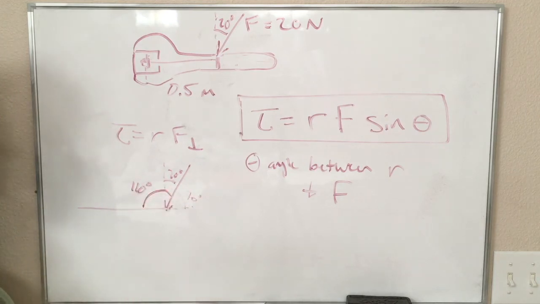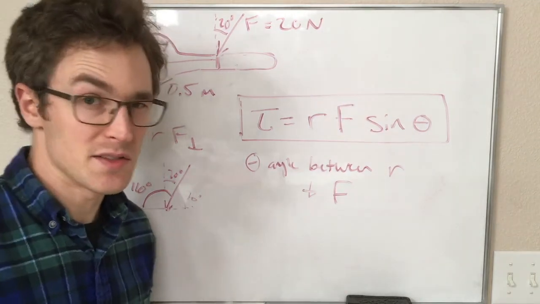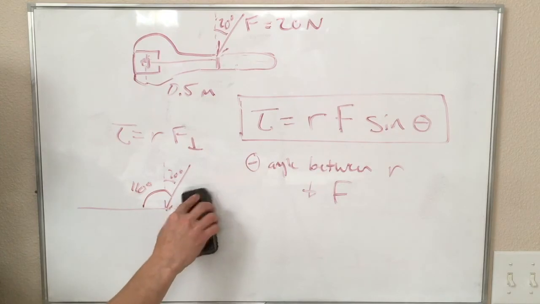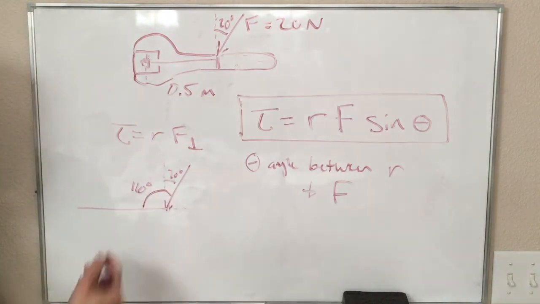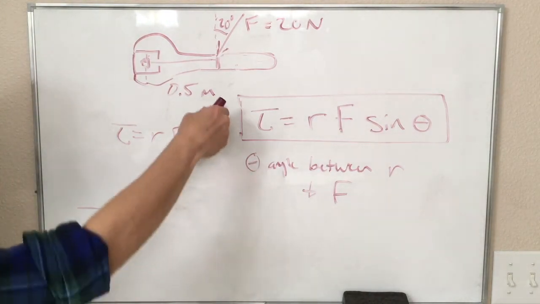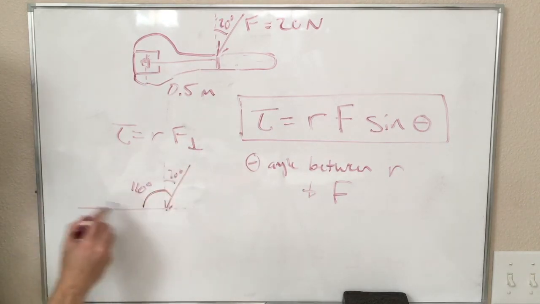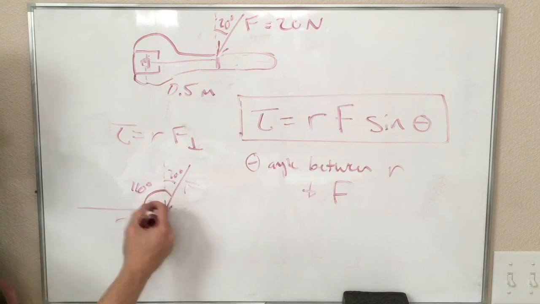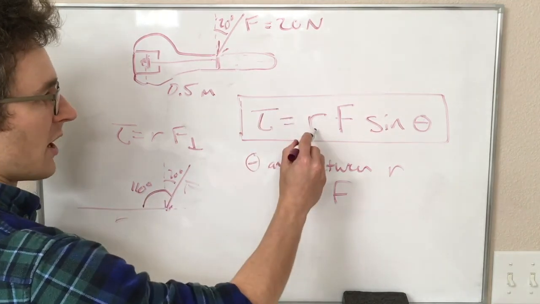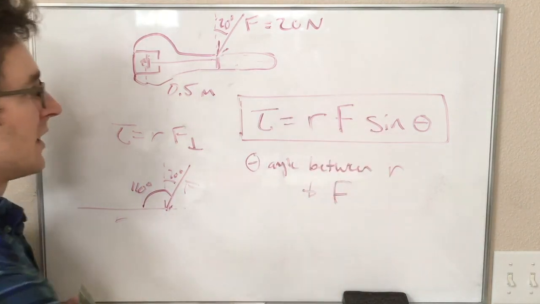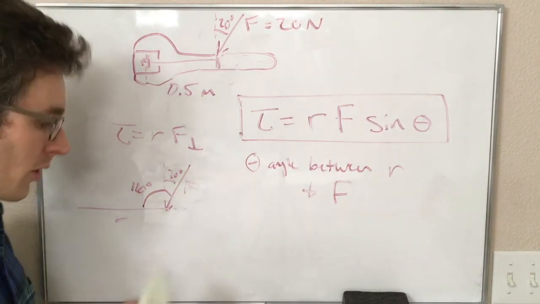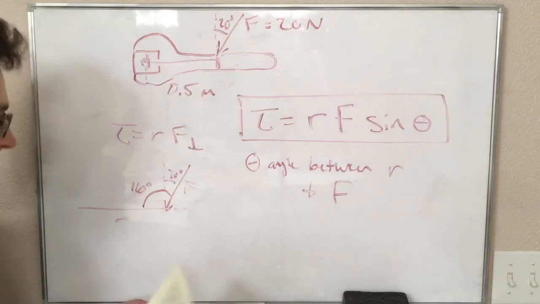Either 70 or 110, actually, it turns out, gives you exactly the same answer, so it doesn't matter. We'll stick with this picture because it's simpler. So the angle between the force and this distance R is 110 degrees. And so 0.5 times 20 newtons times the sine of 110 degrees also gives us the same 9.4 Newton meters of torque.